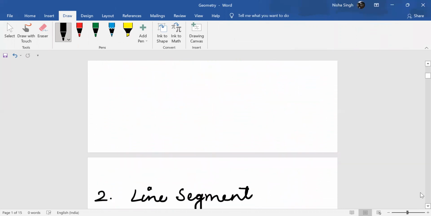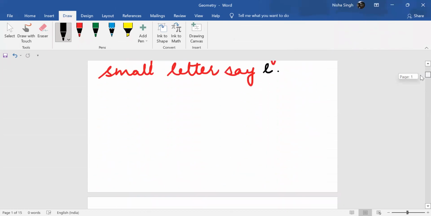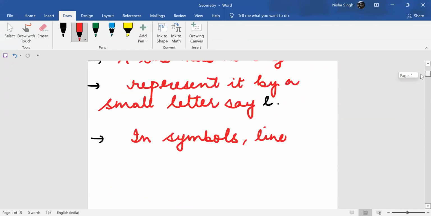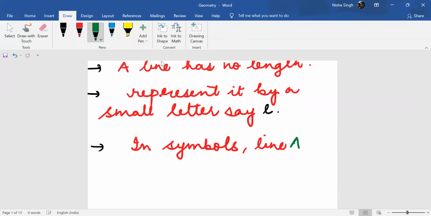Children, do you know how you can write a line in symbols? Do you have any idea how we can write a line in symbols? So in symbols, for example, let's talk about line AB.